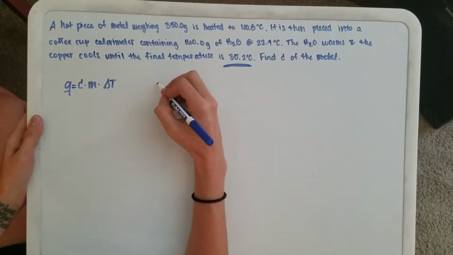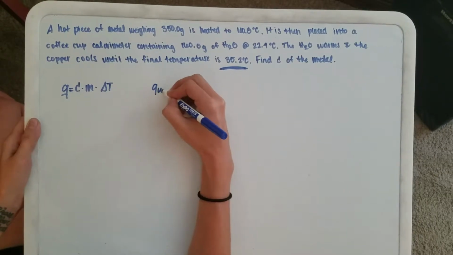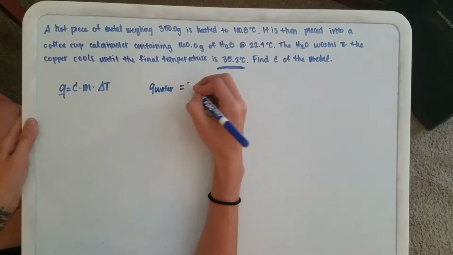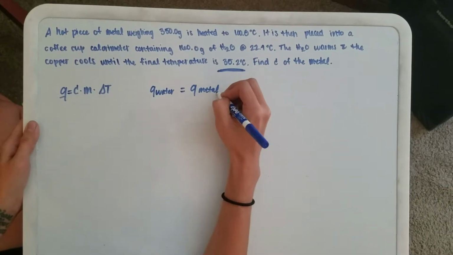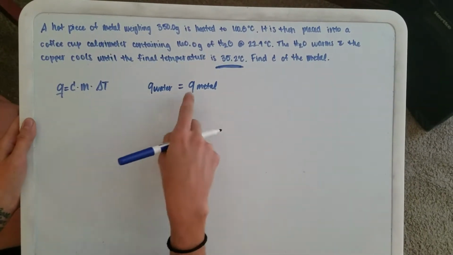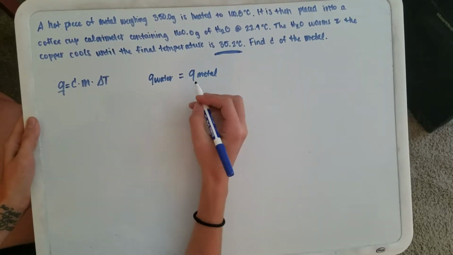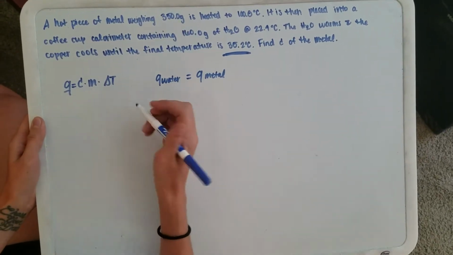So we can also write this equation here. The energy of the water is equal to the energy of the metal. And we can calculate Q from each of these, so I'm just going to substitute this into there.